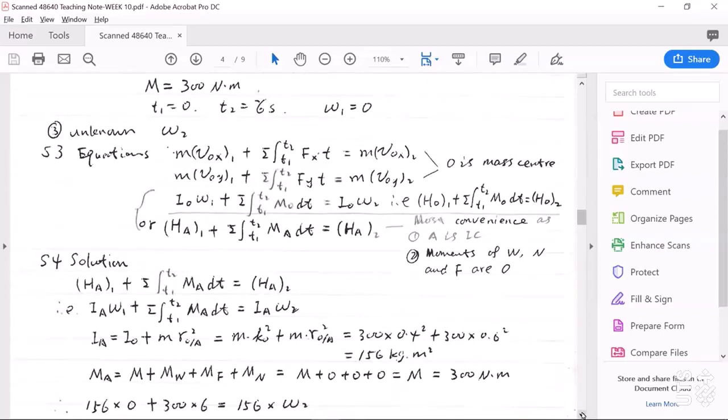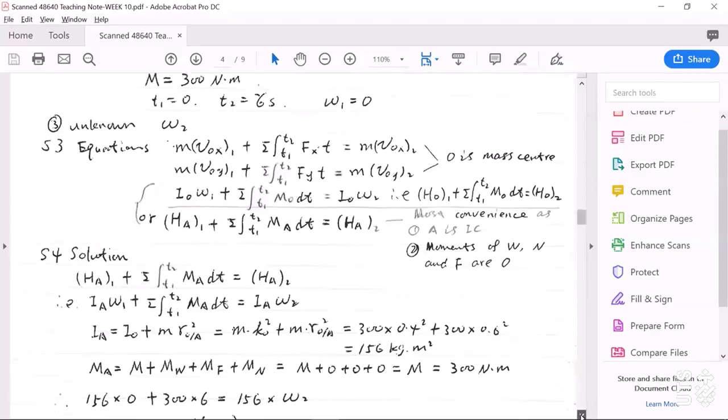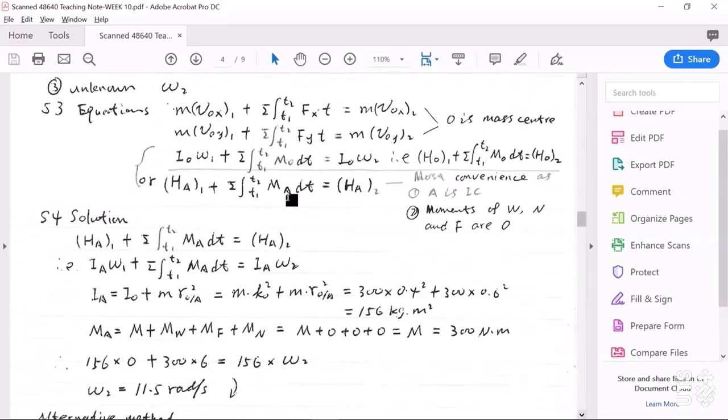And here, because our target is the angular velocity omega, we will start from the principle of angular impulse and momentum. And actually, you will find, for solving this problem, the first two equations of the principle of linear impulse and momentum are not useful.